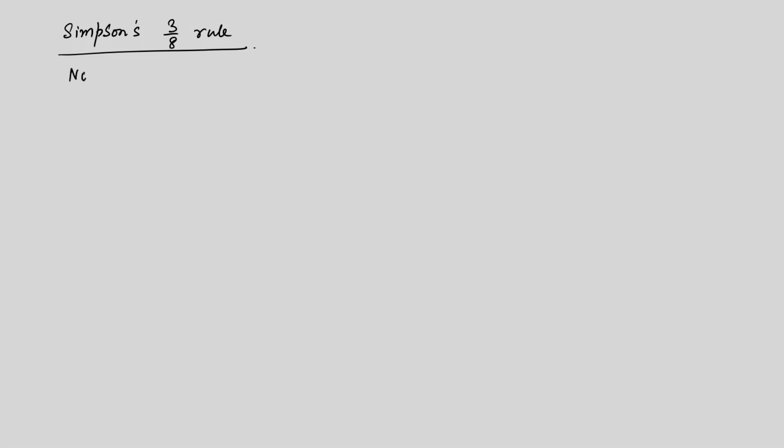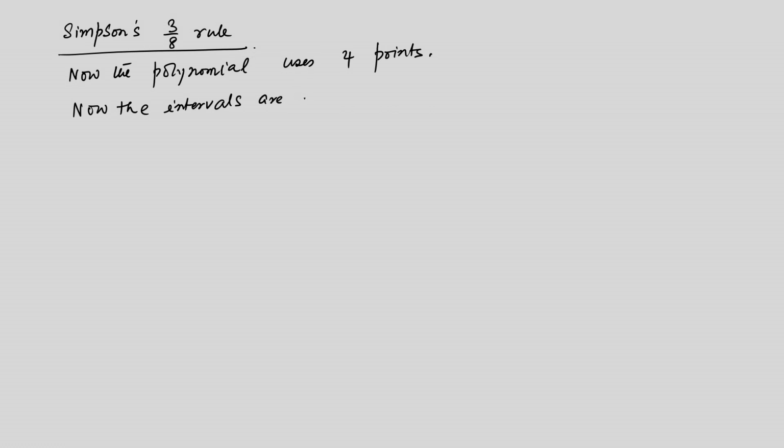So, now the polynomial uses 4 points instead of 3. Okay. And now the intervals are odd. That is, if you use 2 points in between, then you actually have 3 intervals. So, this is the thing.